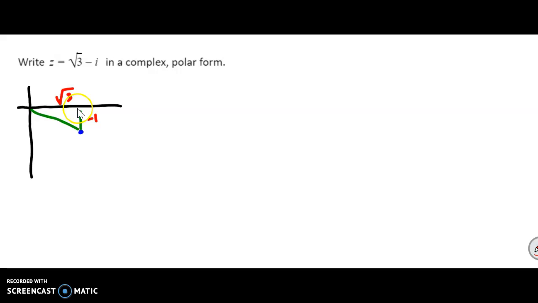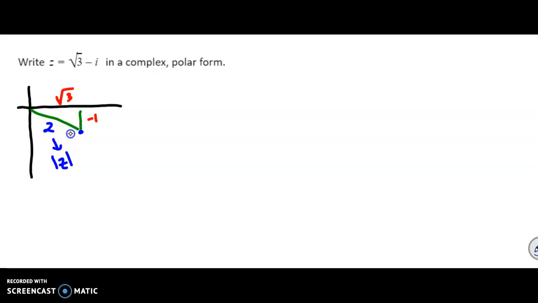Now, we know that it creates a right triangle, and by the Pythagorean theorem, when you work it out, the hypotenuse turns out to be, in this case, 2. Remember I said a little bit ago in the video that the distance from the origin to that point is your magnitude.